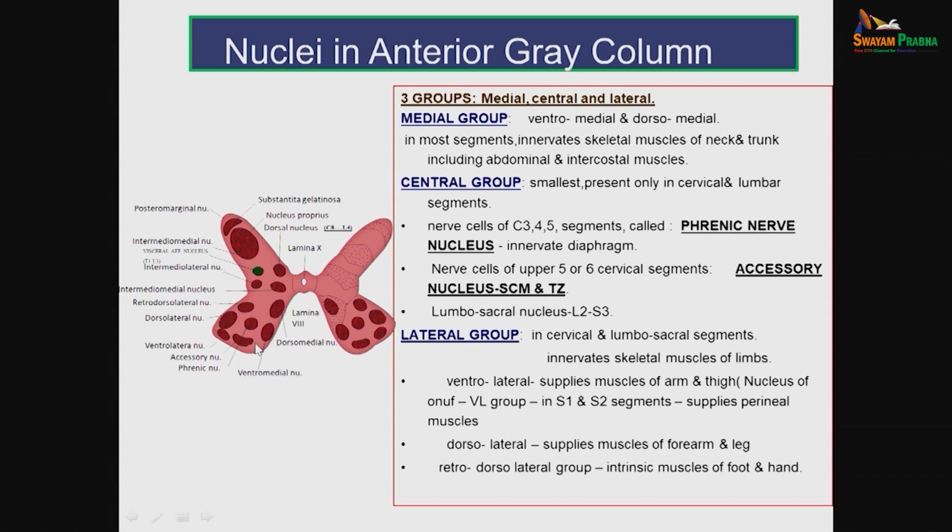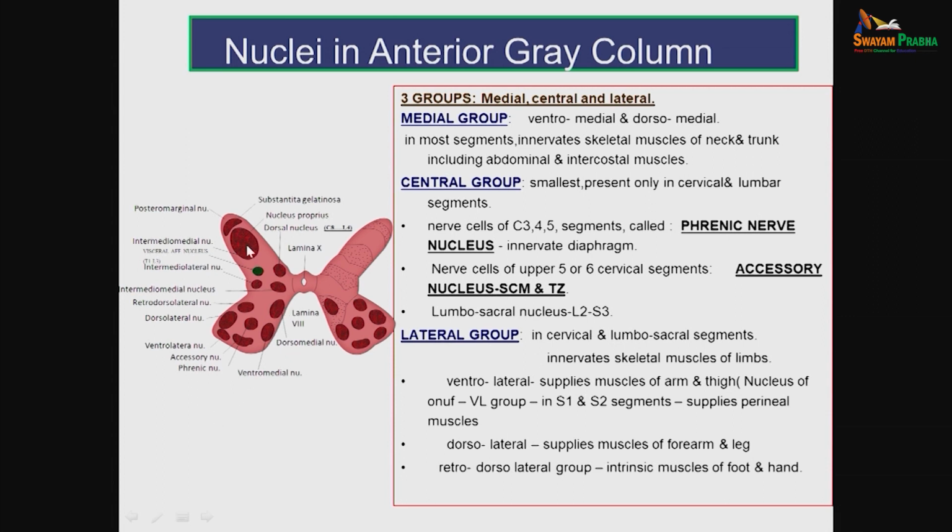The nuclei which are present in the anterior grey horn are divided into the medial group of nuclei, the central group of nuclei, and the lateral group of nuclei. The medial group of nuclei itself will divide into ventromedial, what I am pointing out, and dorsomedial.